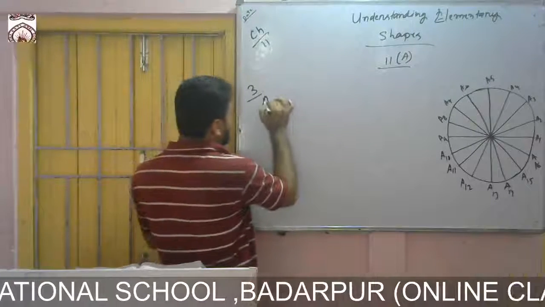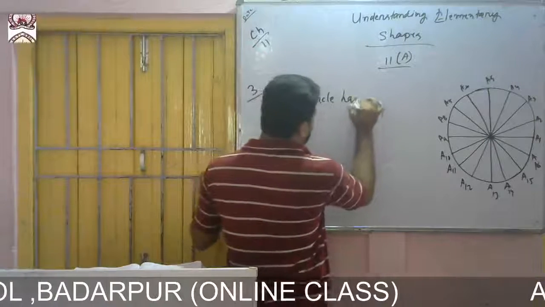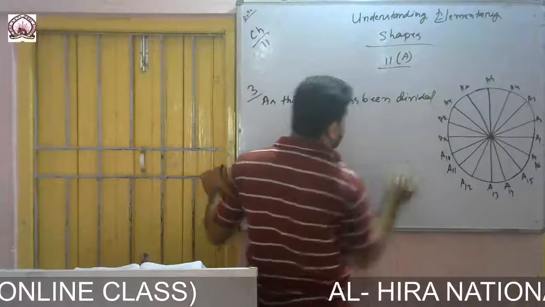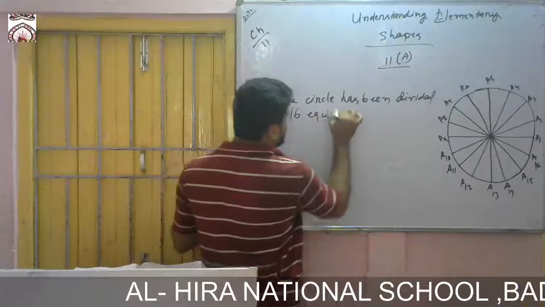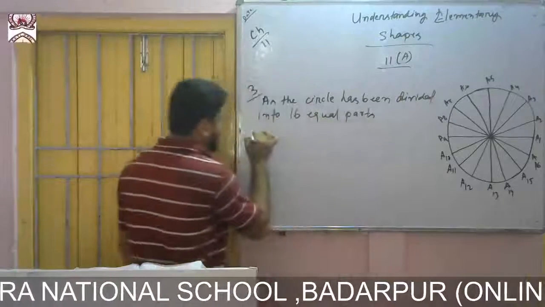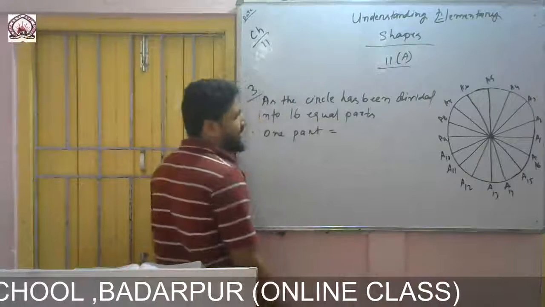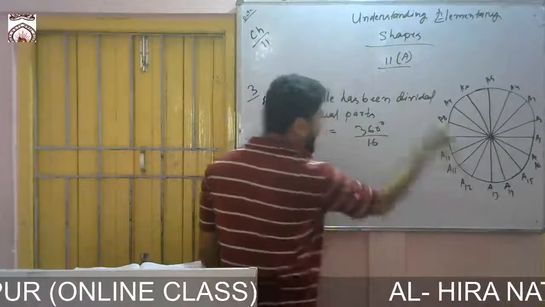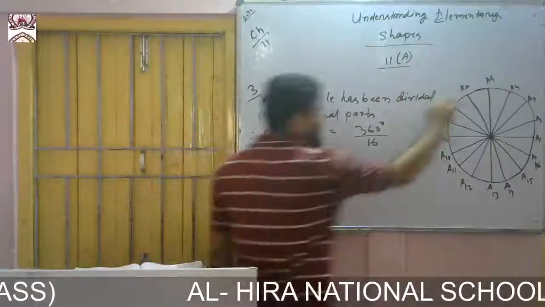As the circle has been divided into 16 equal parts, therefore one part equals 360, the total, divided by 16, the total number of parts.